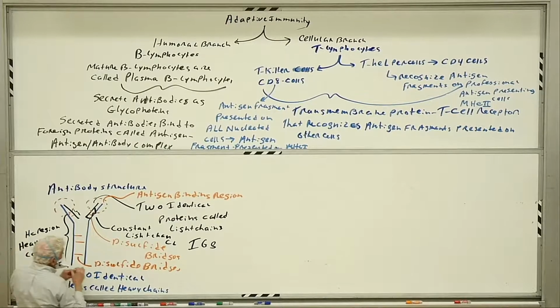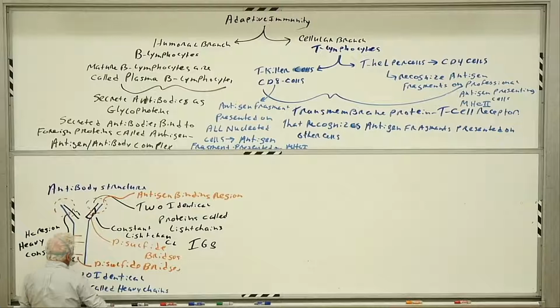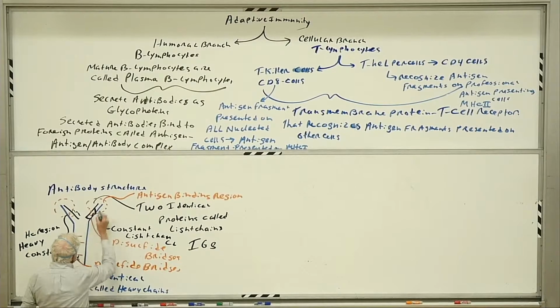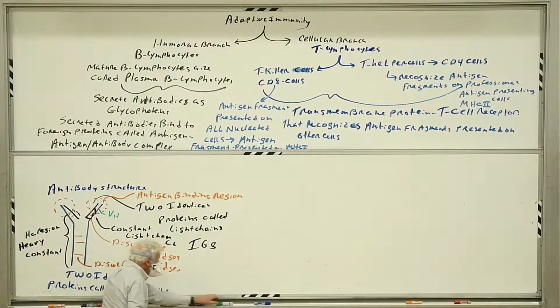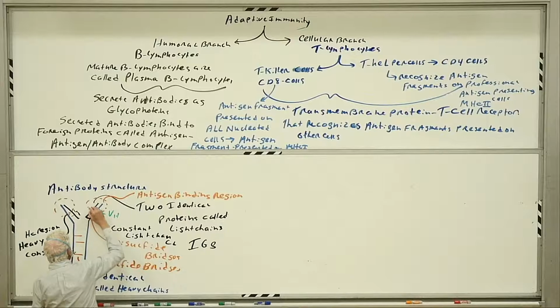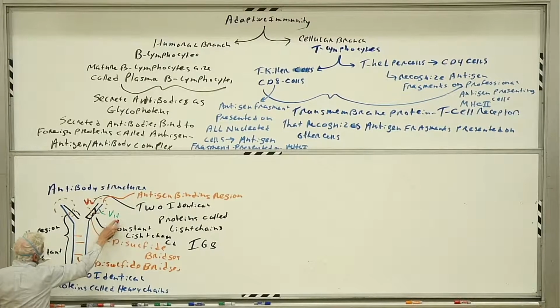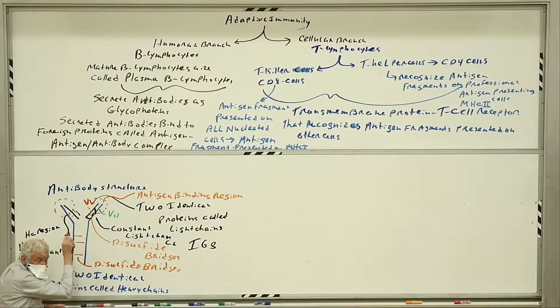Now, out here at the short arm, there's the variable heavy region. And similarly, there's going to be on the light chain, the variable light region. The variable heavy will be the same on both arms. The variable light will be the same on both arms.